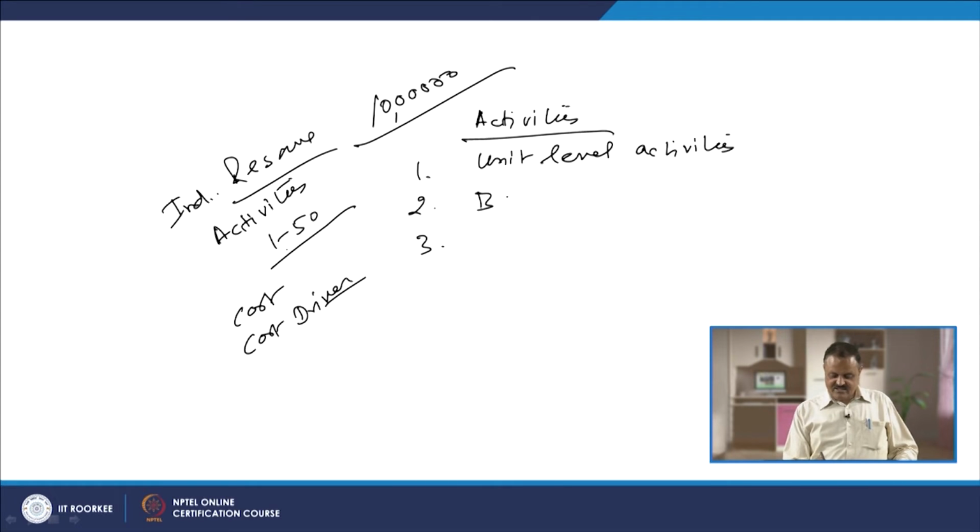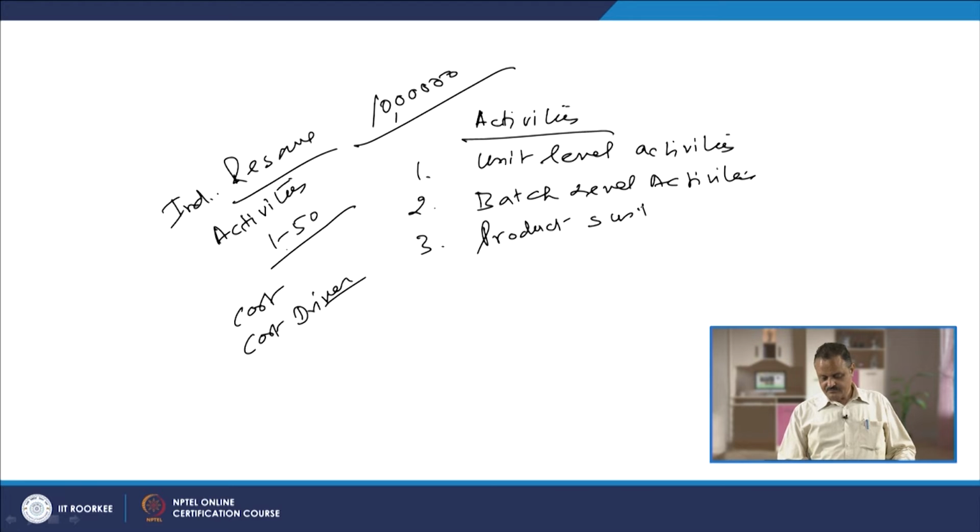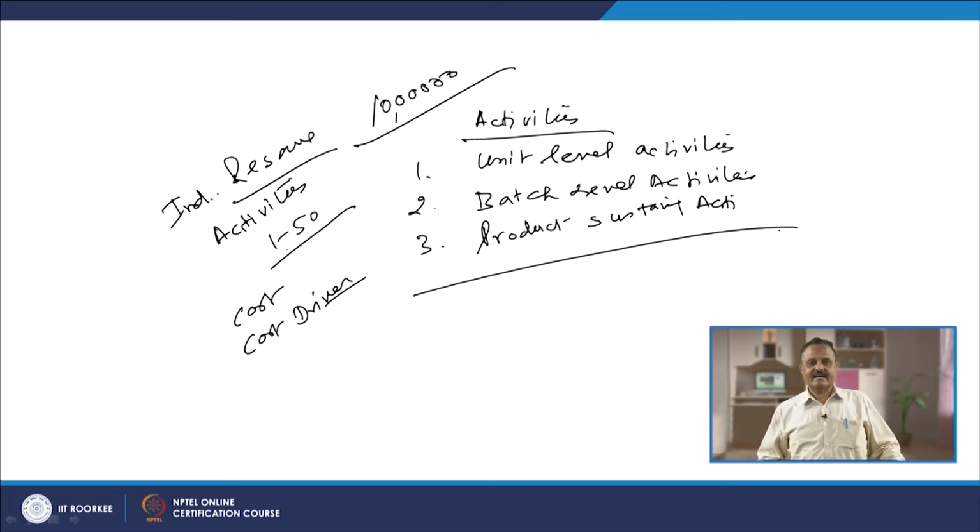Second is the batch level activities, and third one is the product sustaining activities. So, these are the 3 activities.